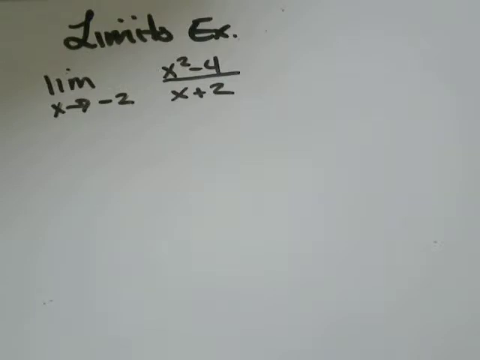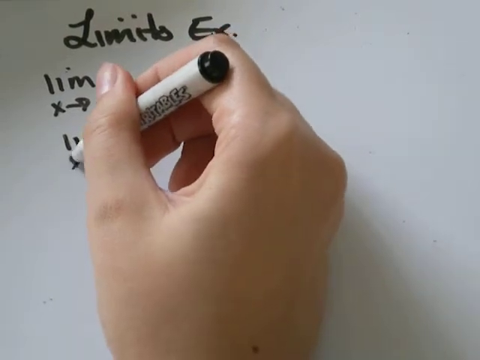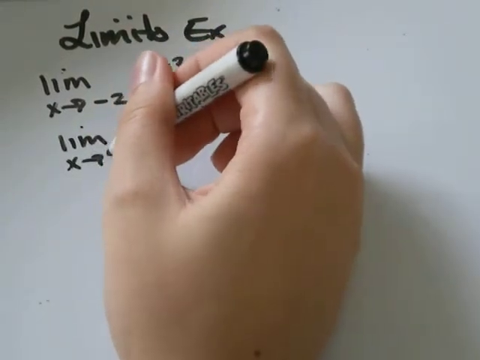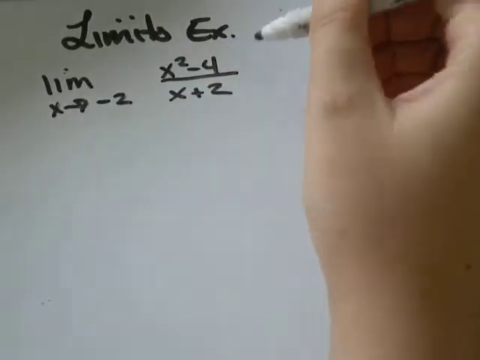So we've got the limit as x approaches -2 of x squared minus 4 over x plus 2. Let me write it up here.